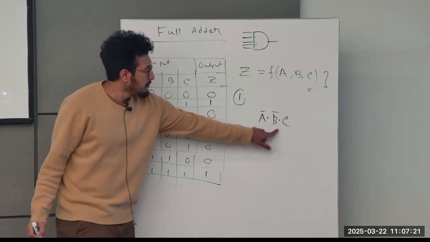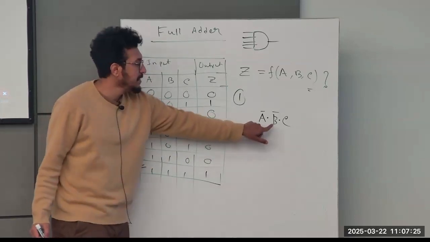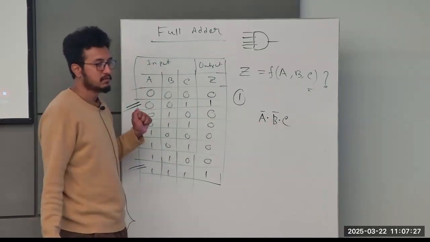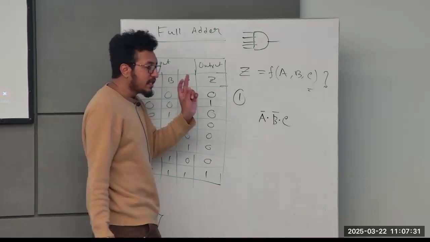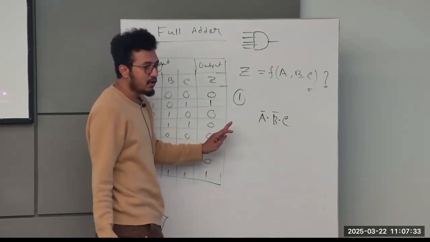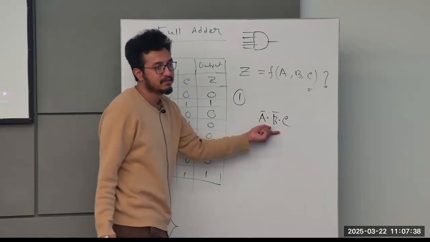Now this Boolean function gives me a 1 when A is 0, B is 0, C is 1. Think about it. For all other combinations of ABC, this function doesn't give you 1.